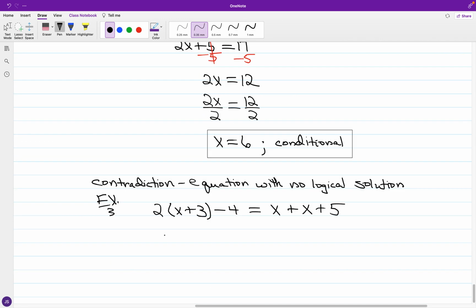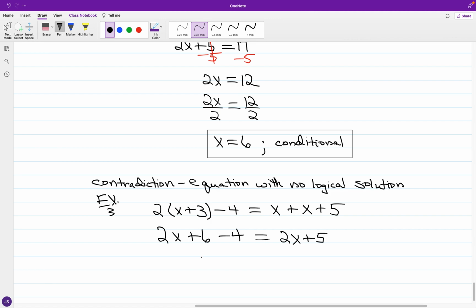So for what we have on the left-hand side of the equation, if I distribute 2 over x plus 3, we have 2x plus 6, and the subtraction of 4 to follow, and to the right we have x plus x makes 2x, and we've got plus 5.